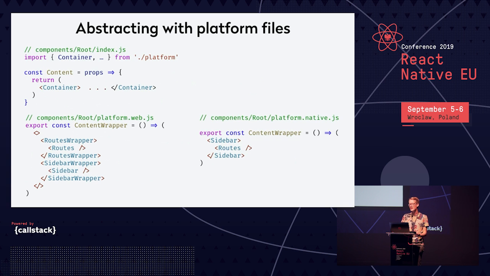This approach is particularly useful when you need to import something that only exists on one of the platforms, like a dependency, because you can't do it in an index.js file. It will confuse many tools, and it will break. So what we'll do is, in the platform native.js, for example, we'll import that and re-export it for the index.js file.